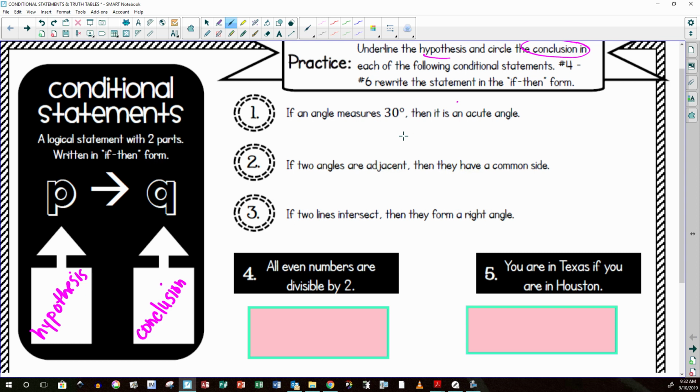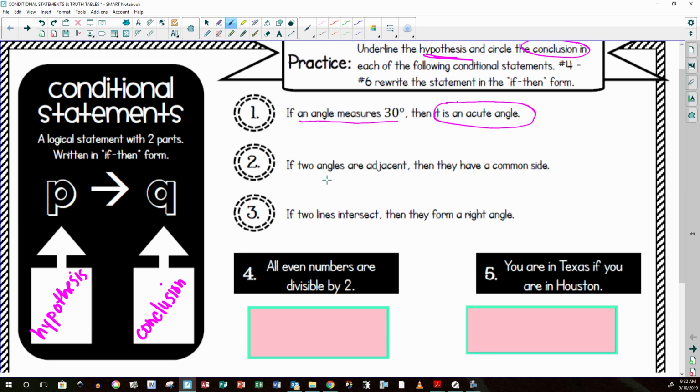circle the conclusion. So if an angle measures 30 degrees, then it is an acute angle. So an angle measures 30 degrees is the hypothesis. Then it is an acute angle is our conclusion. The words if and then are not part of the hypothesis and the conclusion. They just tell you where the hypothesis and the conclusion are.